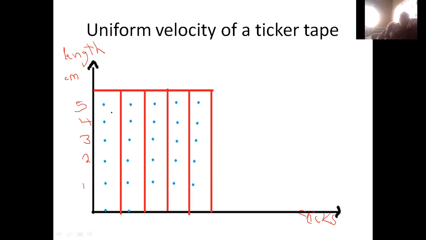So it means that each one of these ticks, strips, each one was moving actually with the same velocity, because all of them actually, the dots are aligned in the same line. And so since these are in the same line, here they are in the same line, here they are in the same line, it means this object is moving with the uniform velocity. So we have known how we can represent on a graph uniform velocity on a ticker tape timer.